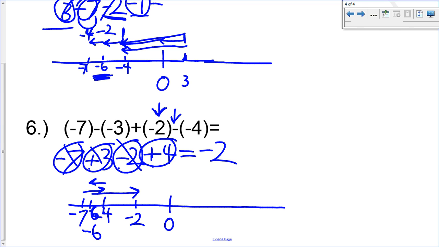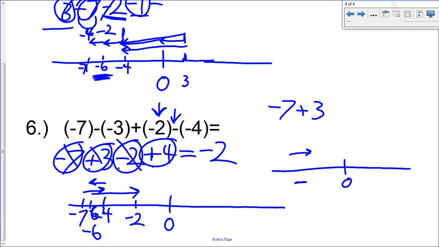So if you're doing it in your head, you can just think, I start at -7, I add 3. So if you can visualize your number line, and you know you're down here in negative land, and you know if you have to go this direction, then your negative numbers are getting smaller.